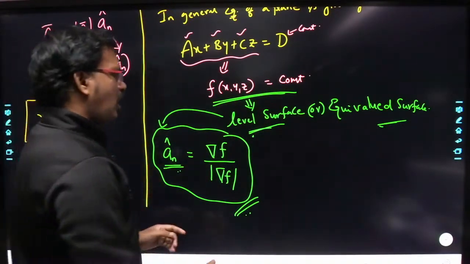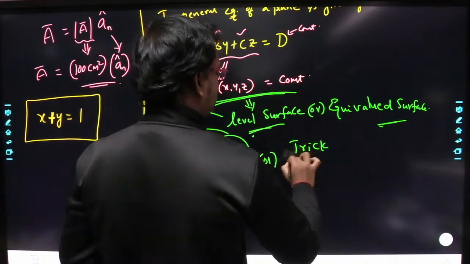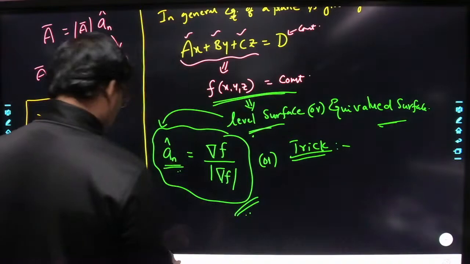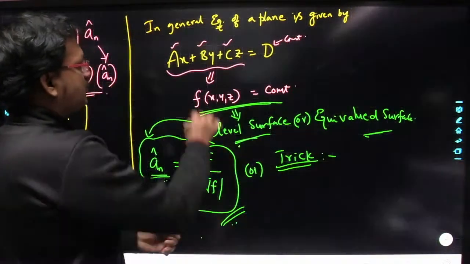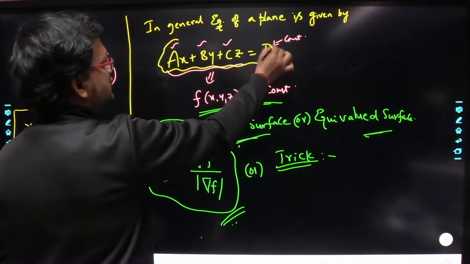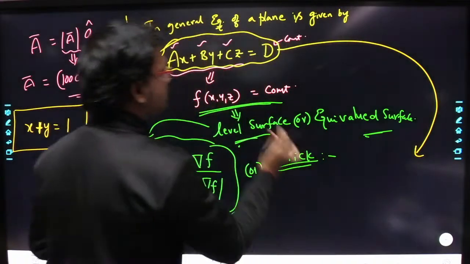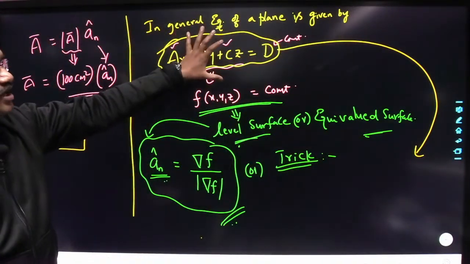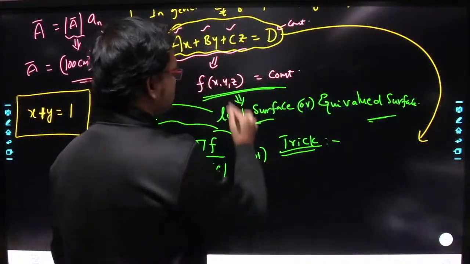Or I will tell you a simple trick here. There is no need to determine this gradient and all. You can simply write, whenever they have given ax plus by plus cz is equal to d, this type of equation of a plane, then how can you write the unit normal?